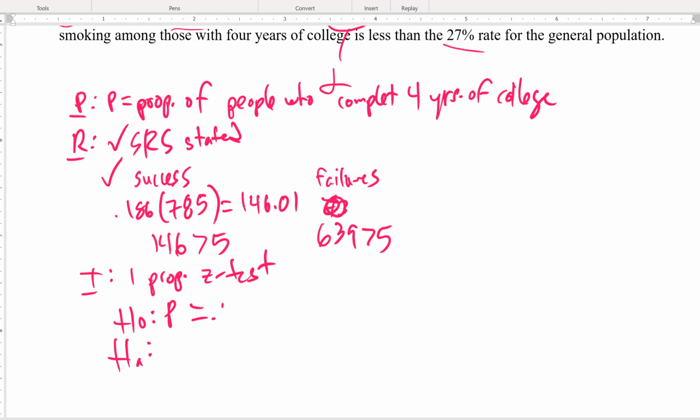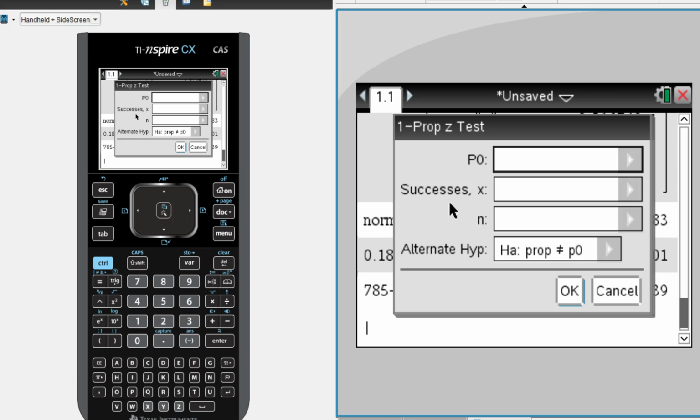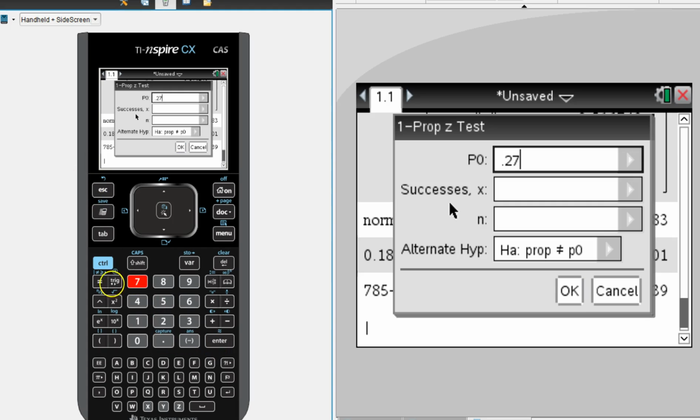They said 27%. We're trying to say our results are less than 27%. If you don't remember this, as you run the test, that should stop you because they're going to go, what's the claim? You go, oh my goodness, I didn't do the hypotheses. Don't throw away that point, okay? So the claim was 27%.